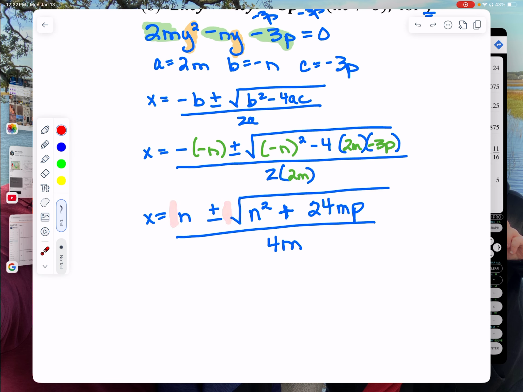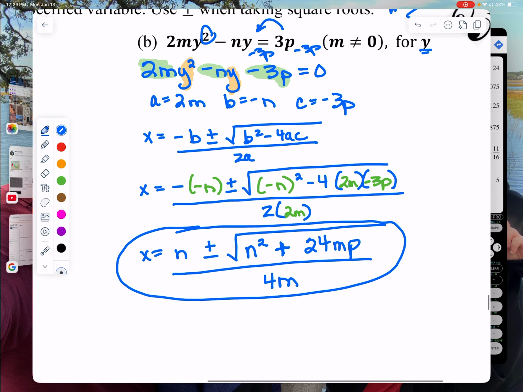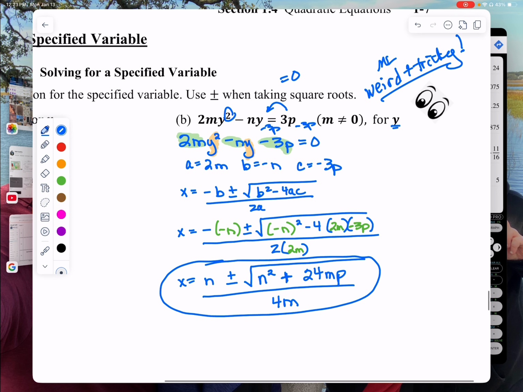Some folks like to try and take the square root of that square, but you can't, because that plus says it's super glued together. So I can't do anything to the square root. So that is my final answer, and it is yucky, right? But again, this is trying to get you to start doing these steps, even when it doesn't make a lot of sense. You just keep working those steps until you get to an answer.